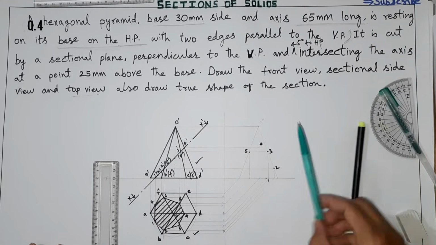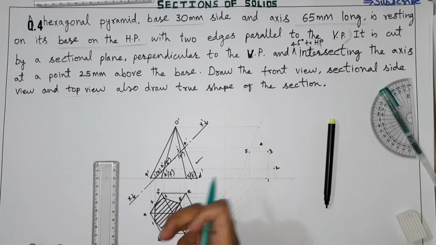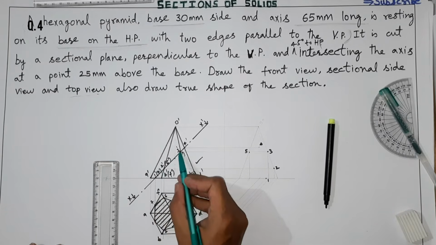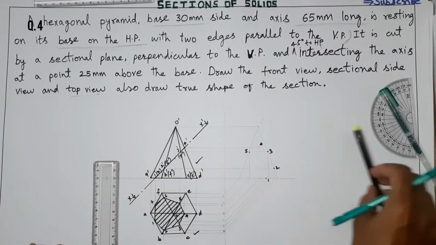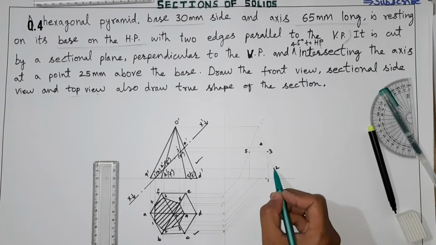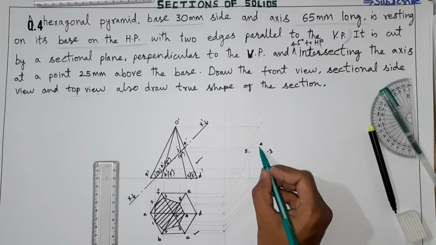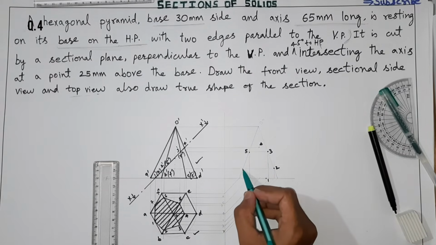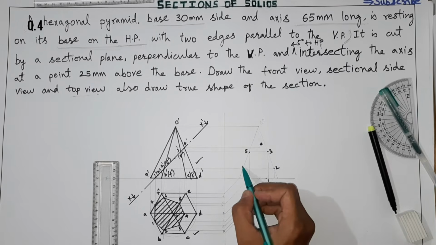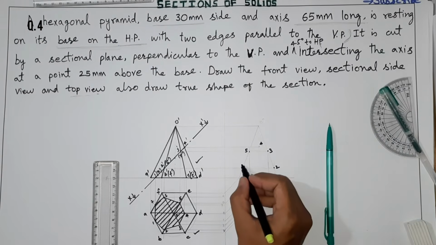Once again I am telling you, if you have taken point number 1, point number 2, 3, 4 like this, so automatically it will intersect with this line 2, 3, 4. 4 is intersecting with the middle line. Then 3 or 5, 2, and here you will be getting point number 6th point. Okay. So this is your 6th point.